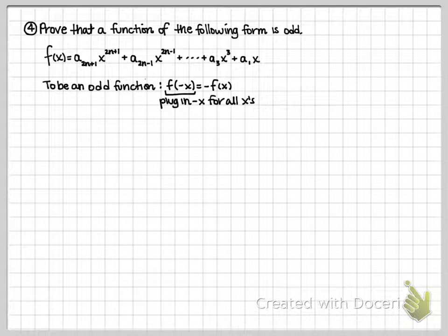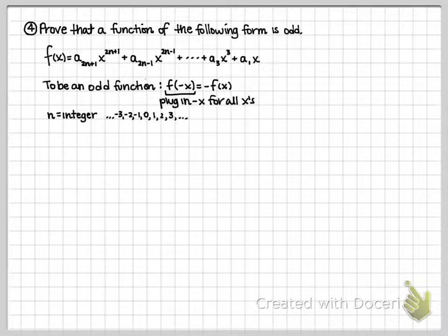Another thing that we need to know is what these 2n plus 1s represent. Well, n is going to be defined as an integer, which means that it is going to be from the set of numbers, and so on and so forth.